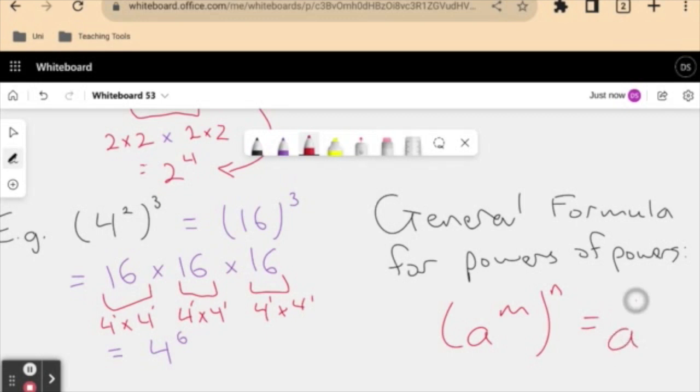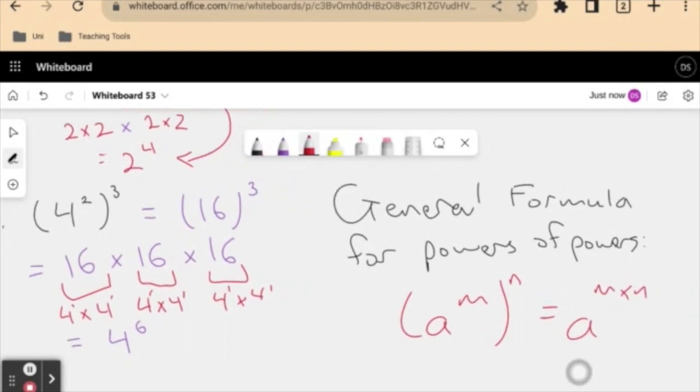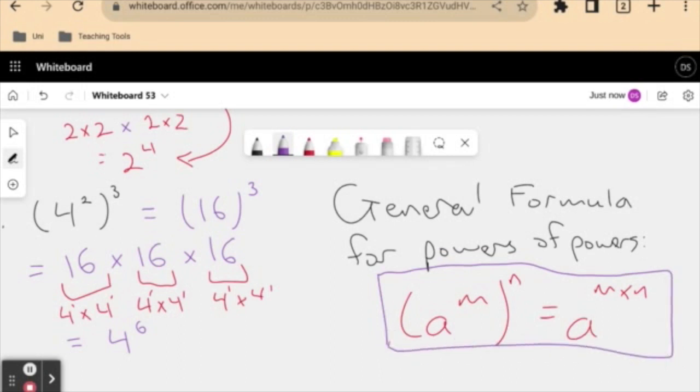So that's like the same as saying a to the power of m times n. And this thing here is our general formula for dealing with powers of a power.